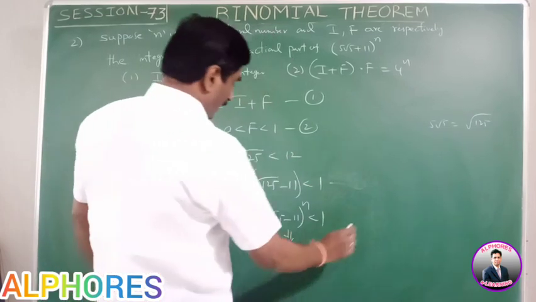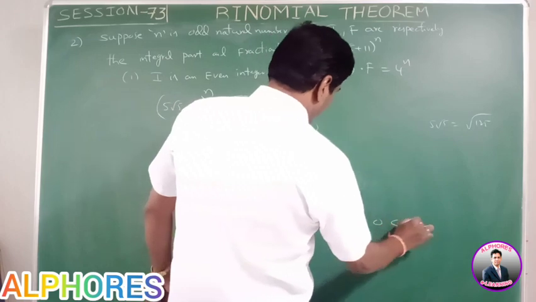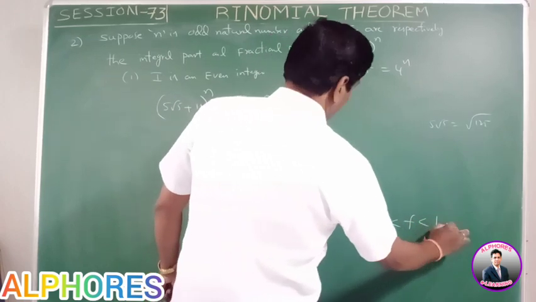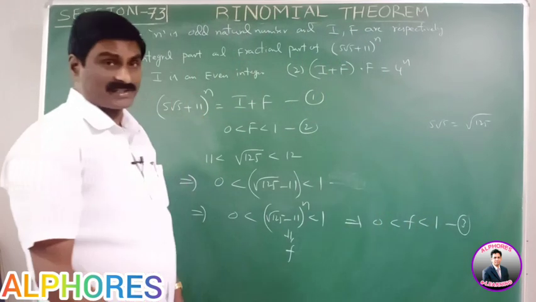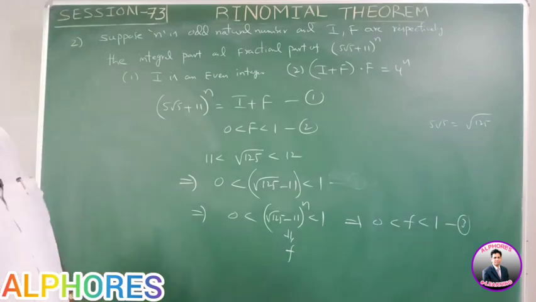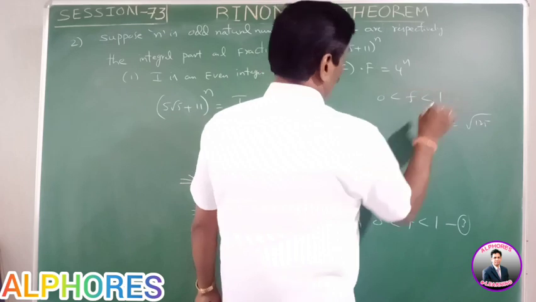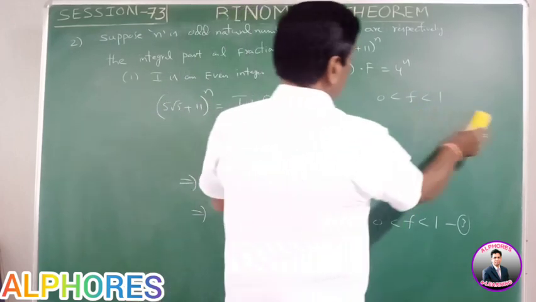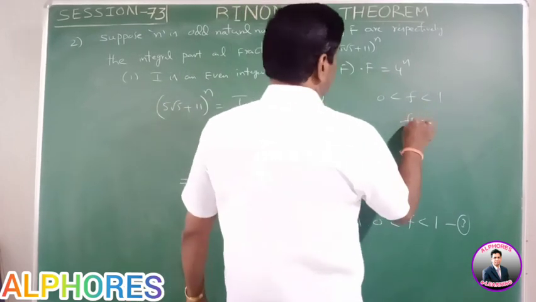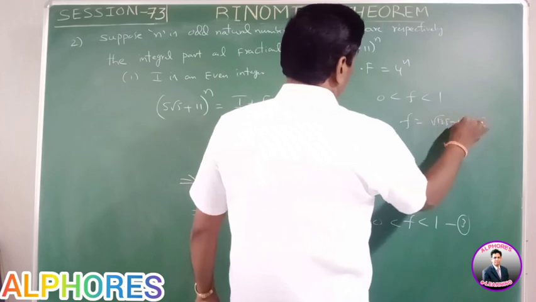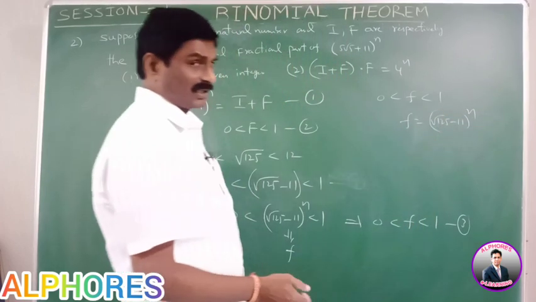So automatically 0 < small f < 1. Any doubt in this value? And at the same time, small f is equal to (√125 − 11)^n. Please observe these two values.